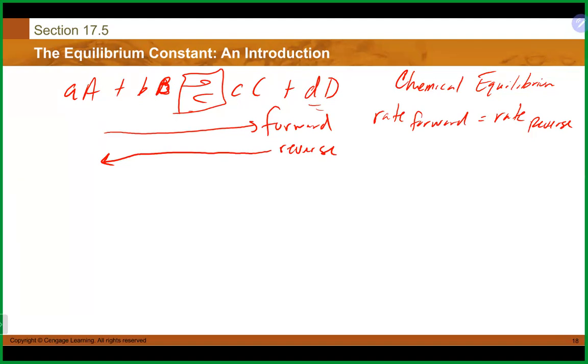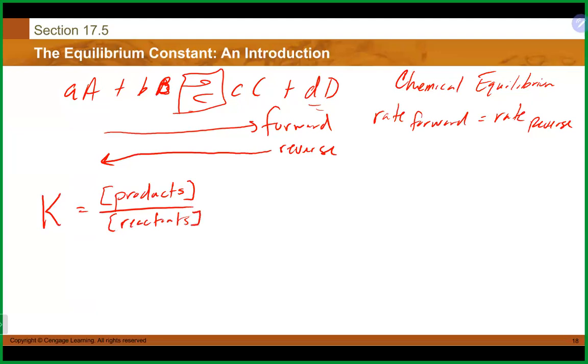There is a relationship when we have these types of reactions that are reversible, which is known as the equilibrium constant. An equilibrium constant is capital K, and it is essentially the concentration of your products divided by the concentration of your reactants.